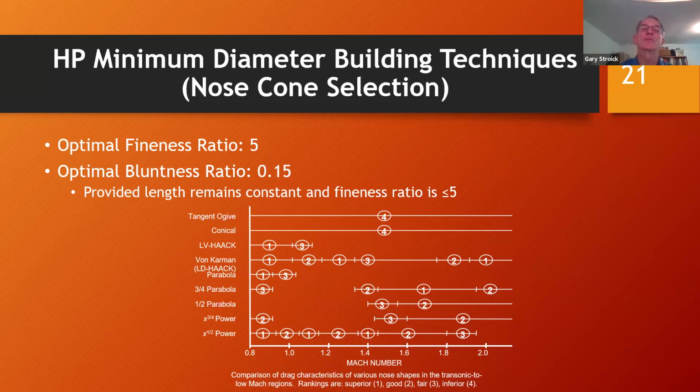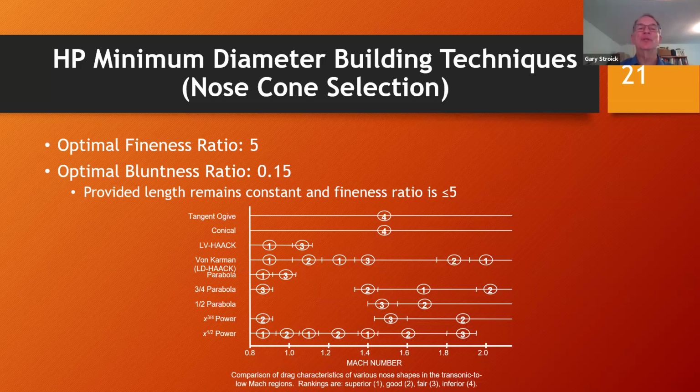It's just the exposed section of the nose cone. That will give you the best performance. If it's only 3 inches long in that example, the performance will deteriorate. Generally, most of these nose cones that are made and available today have a fineness ratio of 5, because that's the optimal one.